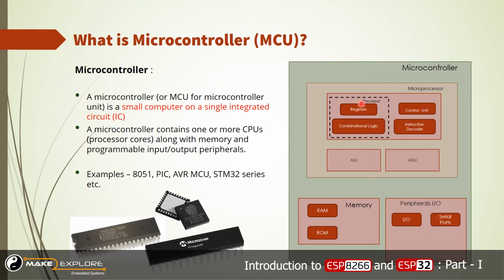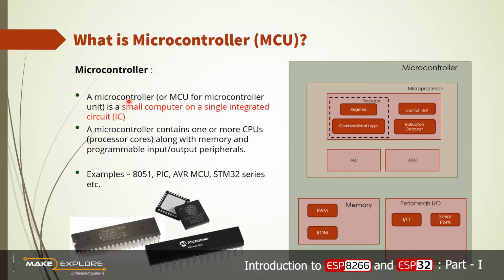Here is a generalized block diagram of a microcontroller. You can see that it has a microprocessor on it, and other peripherals like RAM and ROM on chip, and other peripherals like serial ports and IOs.